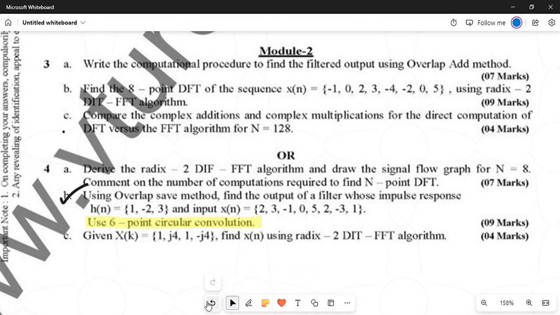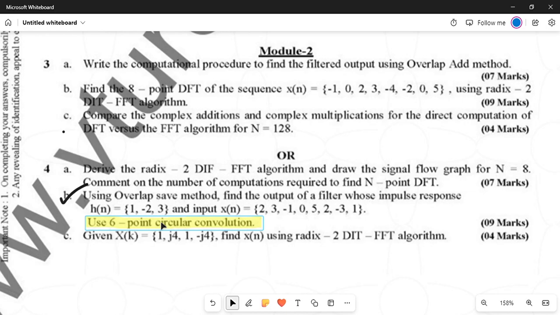So 6-point circular convolution is nothing but my N itself. So in this question you got to know that N can be described in two ways. One, the length of the block, and the other, 6-point circular convolution.